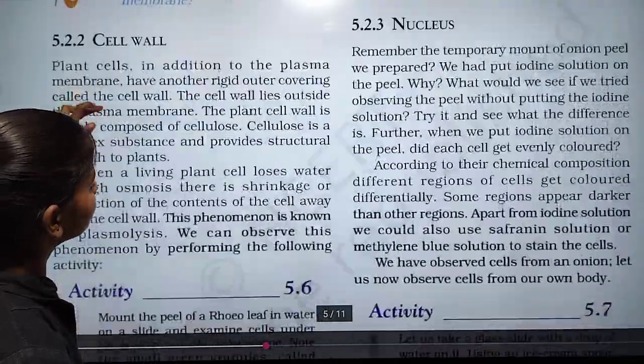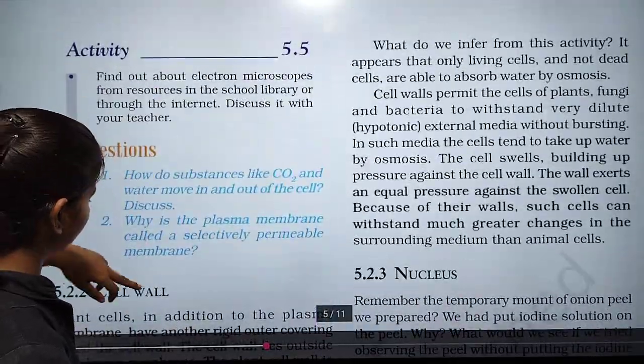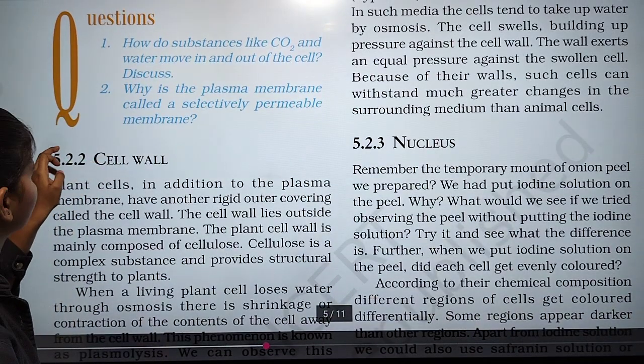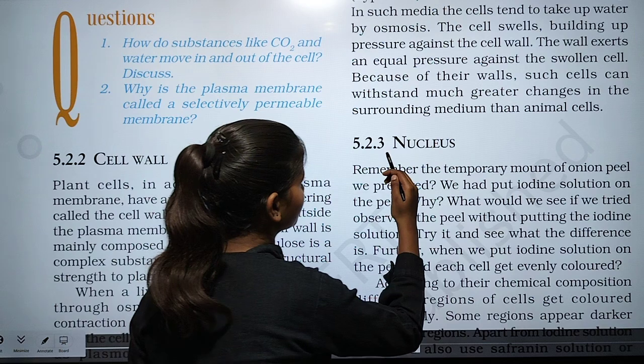And now this is about the cell wall. Next topic is the nucleus.